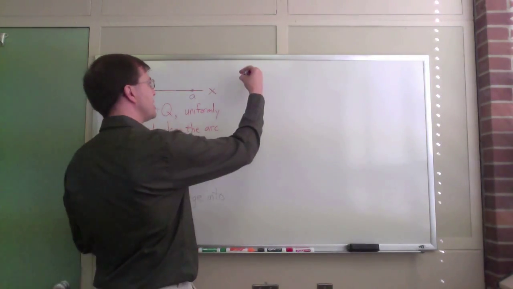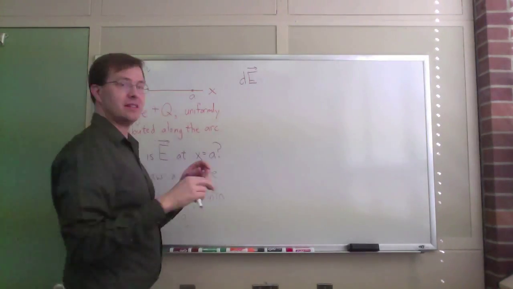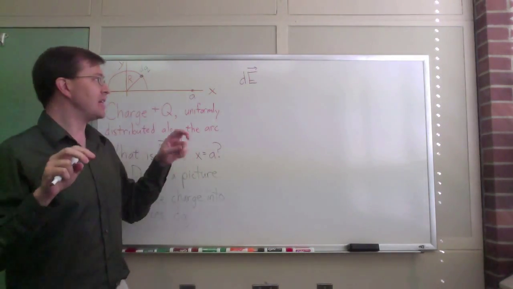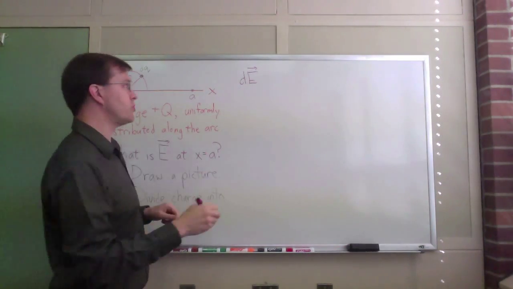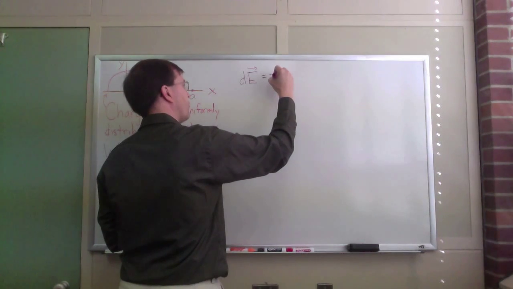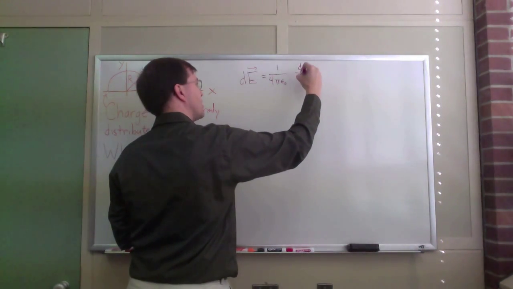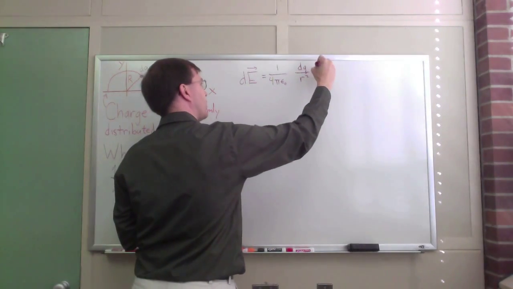Coulomb's law, recall, says that the tiny little bit of electric field dE due to my tiny little charge dq is equal to 1 over 4 pi epsilon naught, dq, my amount of charge, divided by r squared, r hat.